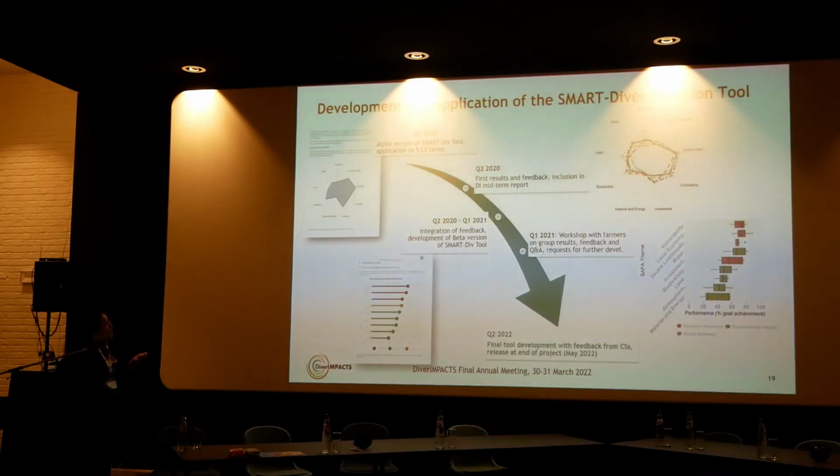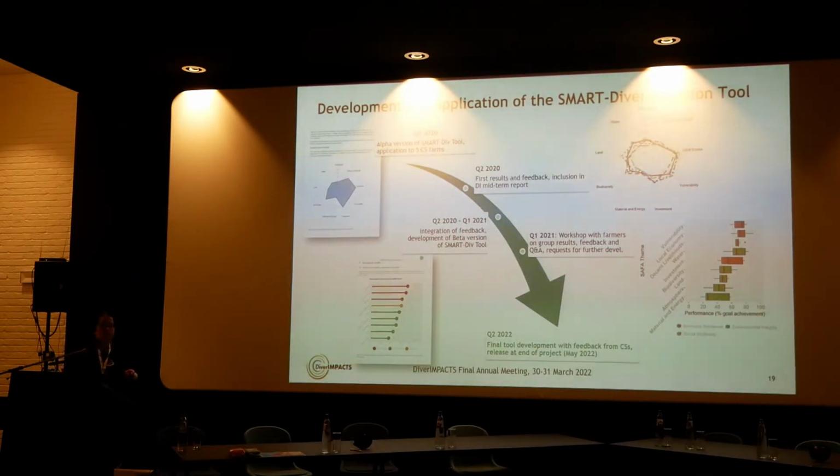Okay, so this is the design of the smart diversification tool. You know that there is a SMART tool, well known and very developed by FiBL, and it's very complicated with a lot of indicators, and it was adapted and simplified in the case of diversification. So the very alpha version was derived from SMART, and it was applied to 5 farms, and there were exchanges with the farms.